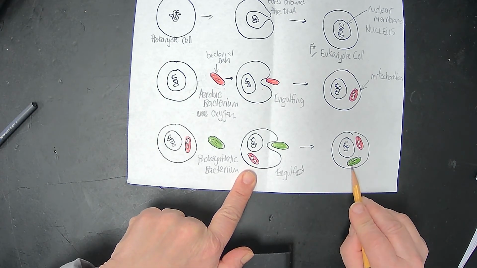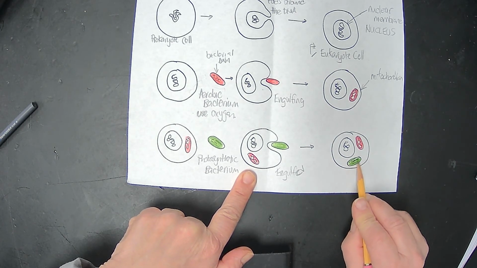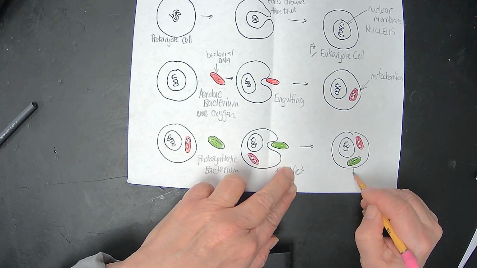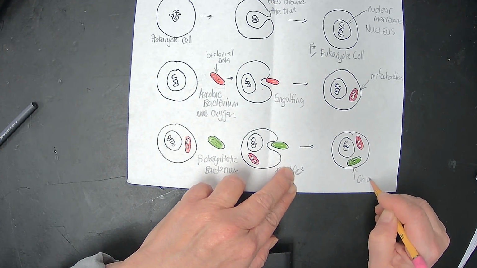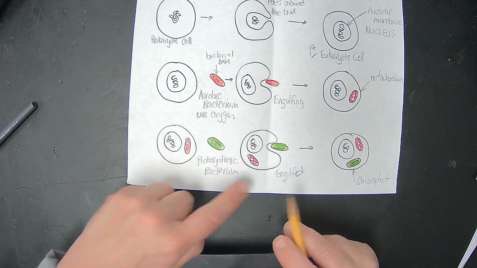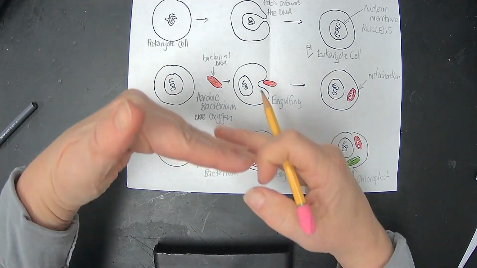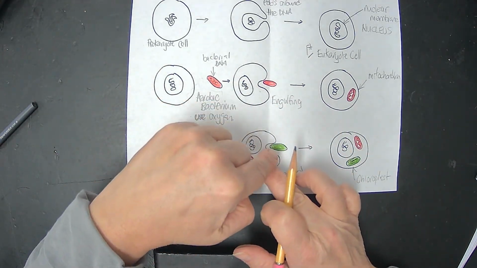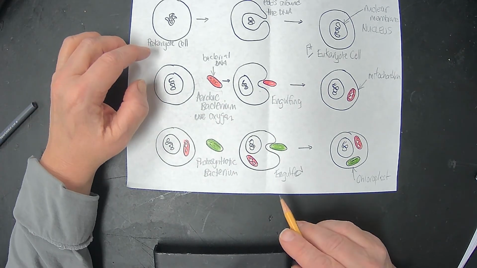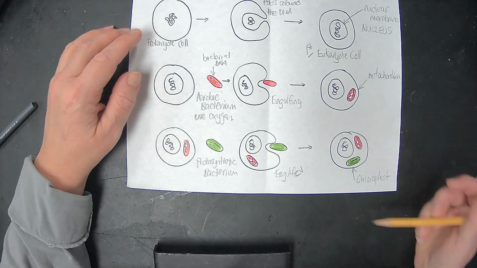So now what we have inside the cell is a section of the cell capable of doing photosynthesis. What do we call this? This became a chloroplast. Okay, so we can see by a process of engulfing, where the cell swallows up these large bacteria cells, right? We can see how we got the organelles in.